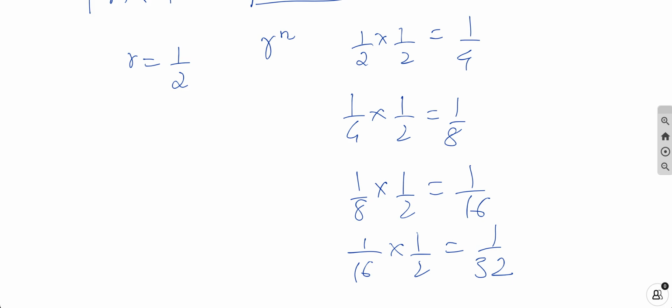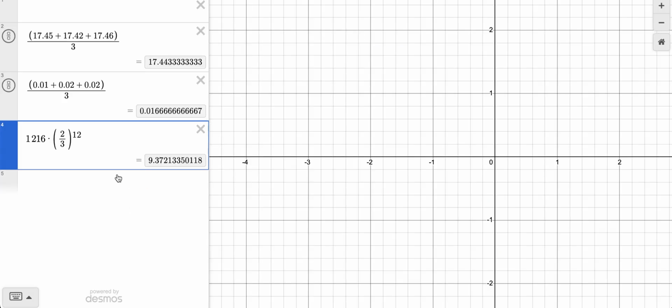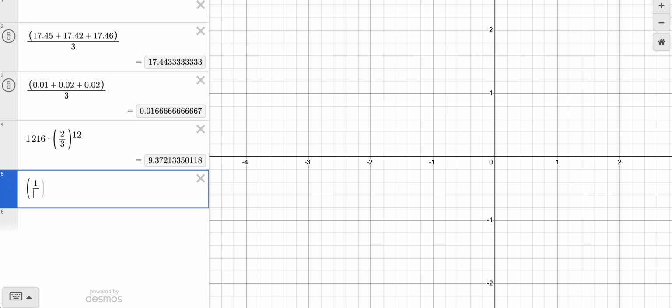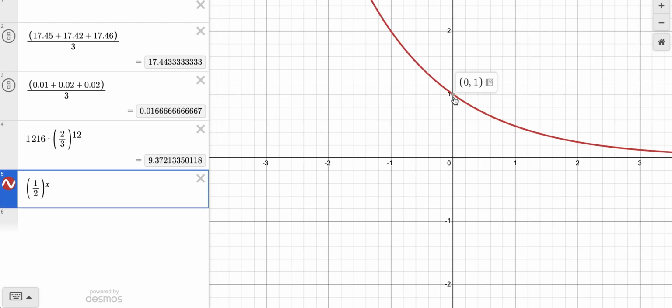Let me graph it for you, half raised to x. I know x is not a real number here, it has to be the number of terms, but I'm just showing you the values.